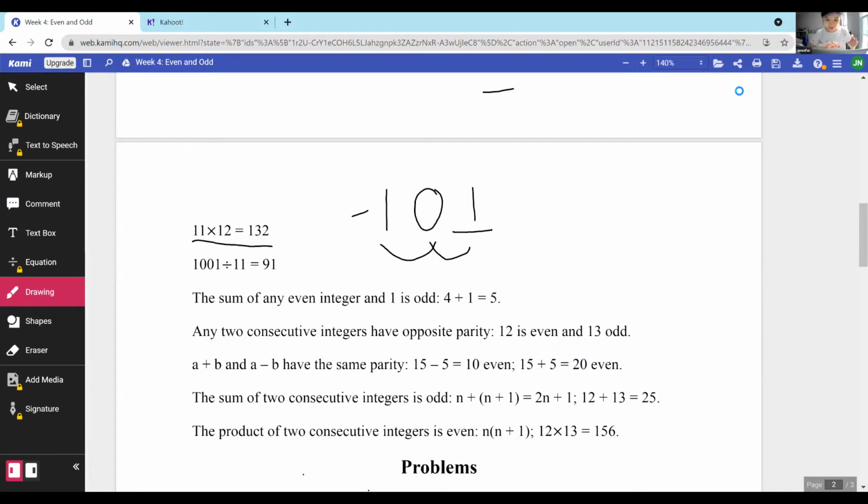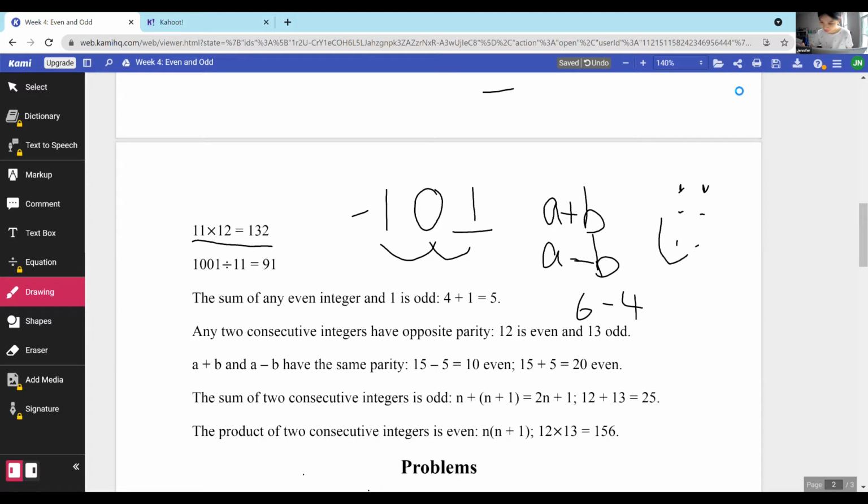So, for example, if you add A plus B, if B is even, that won't change the parity of A. But if you do A minus B, if B is even, it also won't change the parity of A. It's hard to explain with words, but you can imagine something like 15 minus 5, 2.